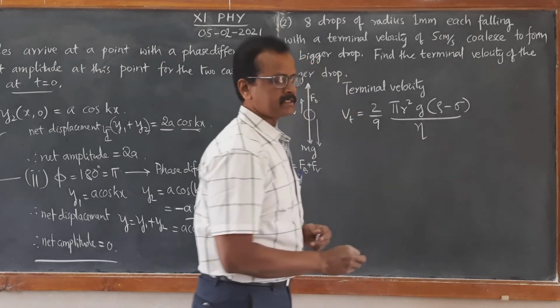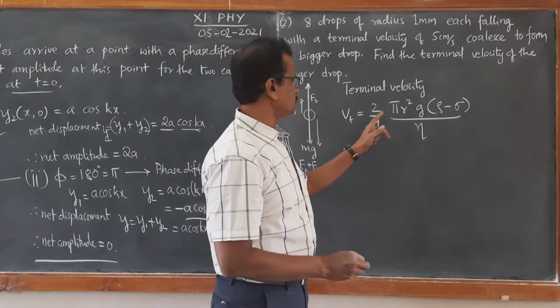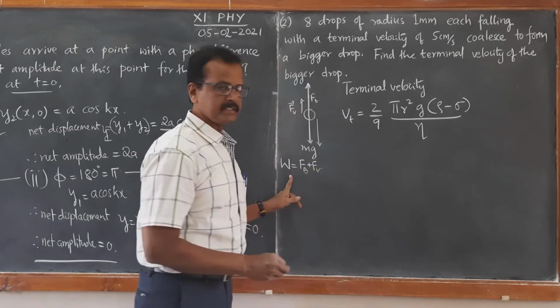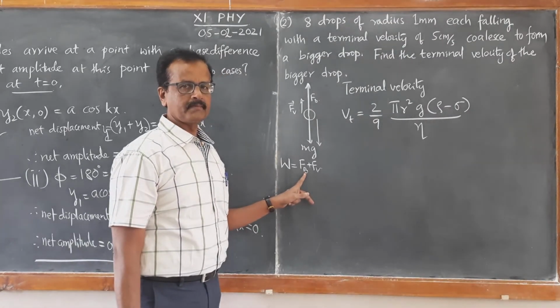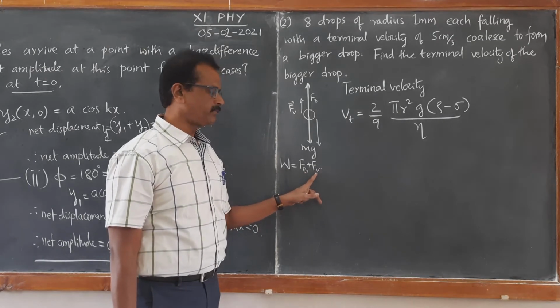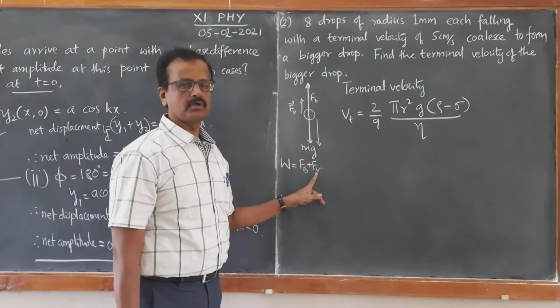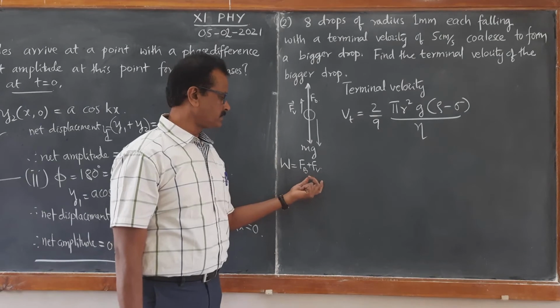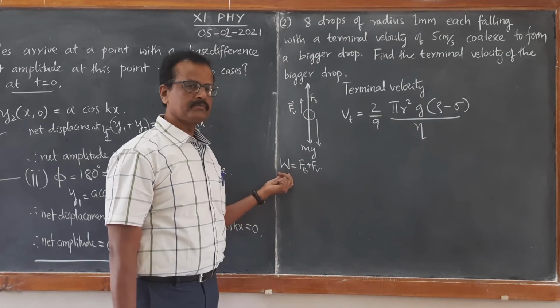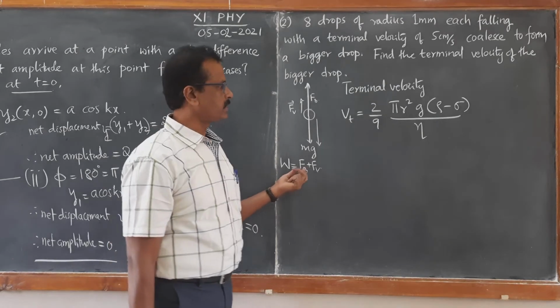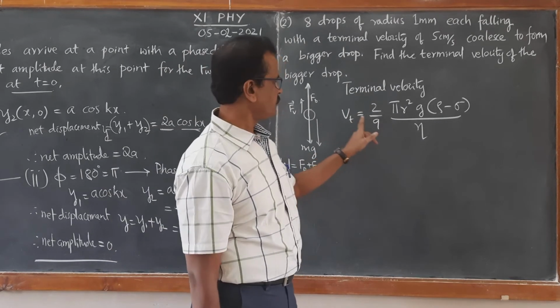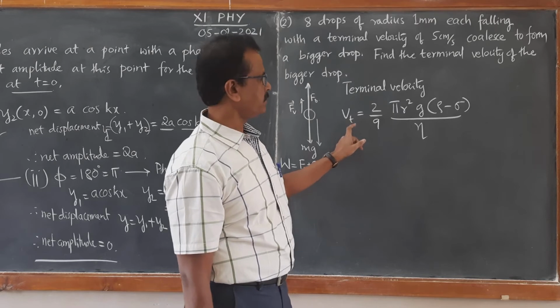Already we have derived this, using the buoyant force, Archimedes principle, and viscous force, Stokes law. We equate this sum to the weight of the drop mg. So then we get this equation for terminal speed.